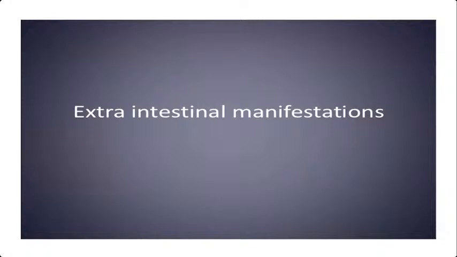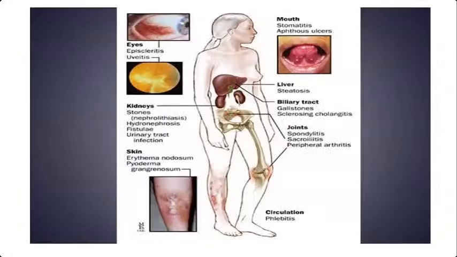Extraintestinal or systemic manifestations, we already mentioned some of them. Eyes, you can get panuveitis, stomatitis, and aphthous ulcers, fatty liver or steatosis, sclerosing cholangitis and gallstones, kidney stones, hydronephrosis, fistulae, and recurrent UTIs.